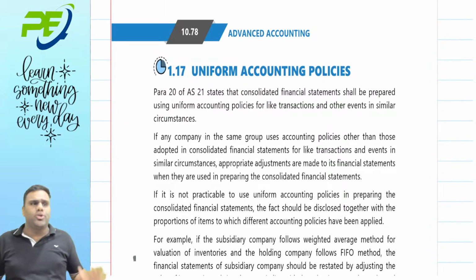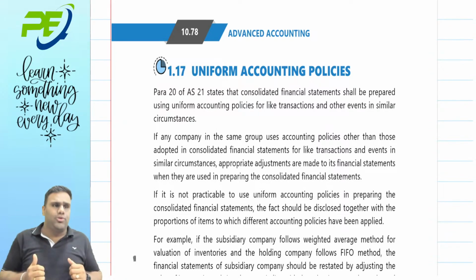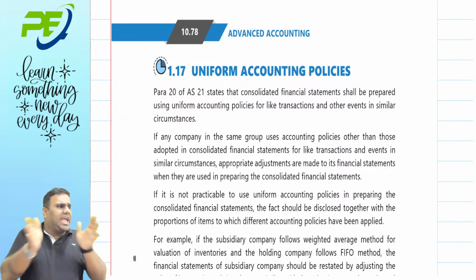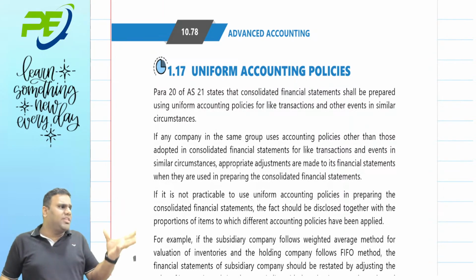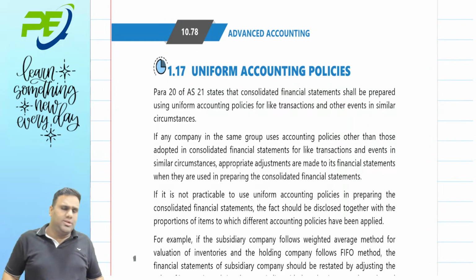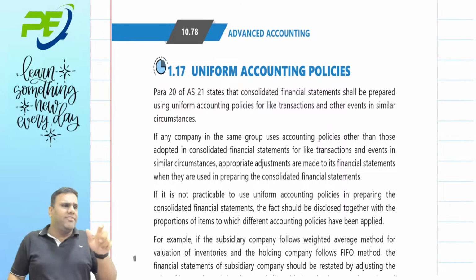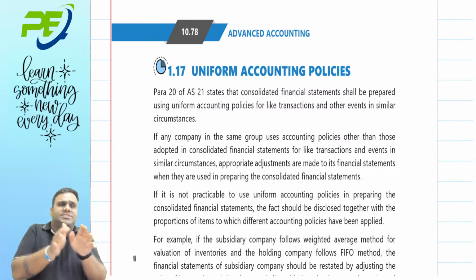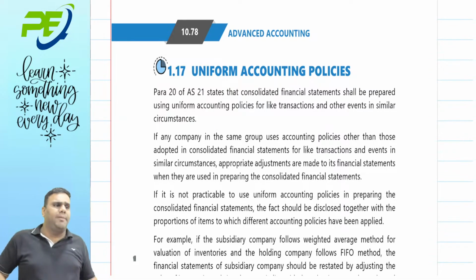Both are doing right in standalone. But when I add both, is it okay to have some stock based on weighted average and some based on FIFO? No. We have to align both the books and streamline them. Both books should follow the same policy.